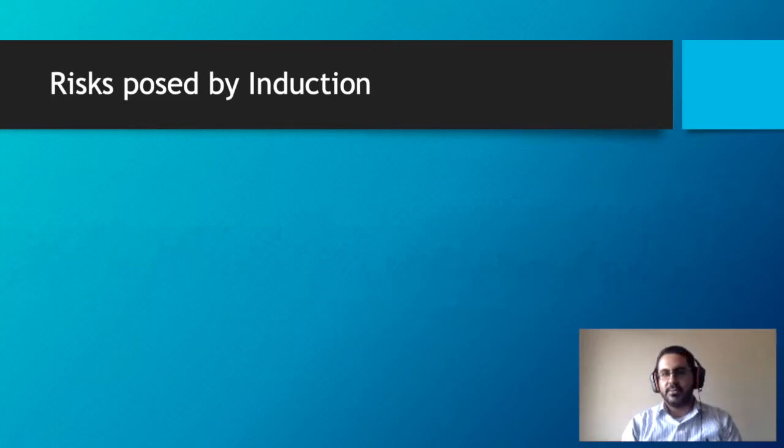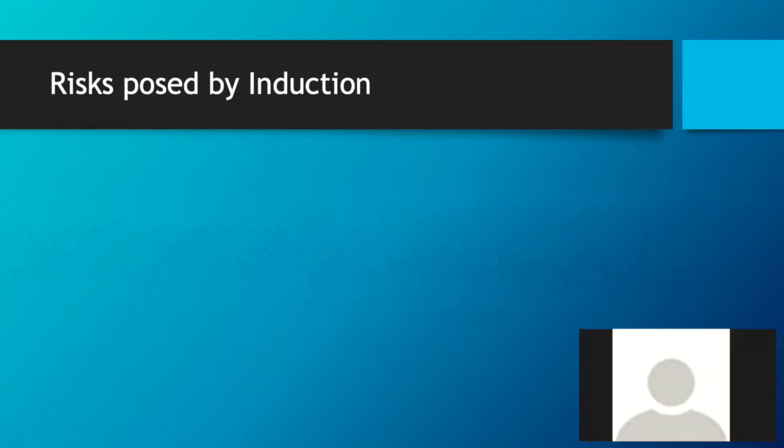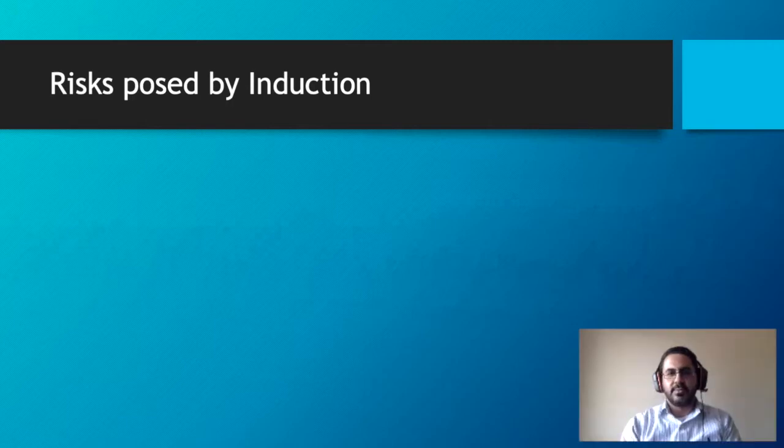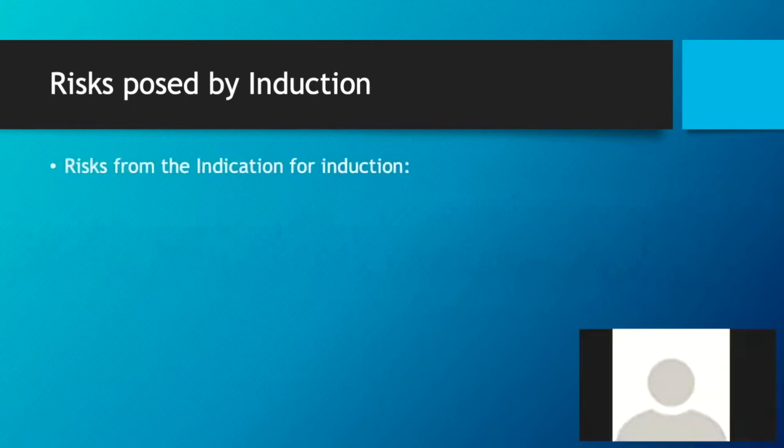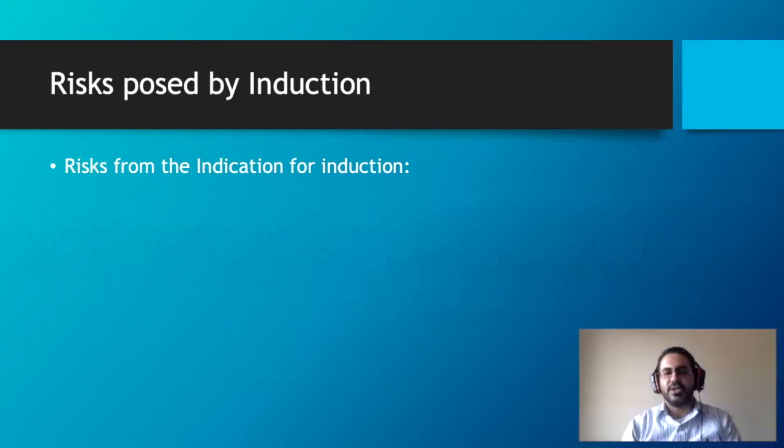Anything else? Risk of uterine rupture if it's a VBAC or not a VBAC. Okay. Or infection if the process is long. It's not related to the drug, it's just the process. We're just thinking about the induction itself.